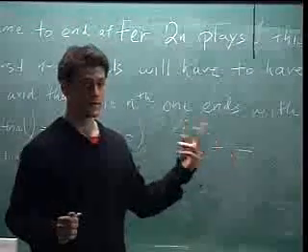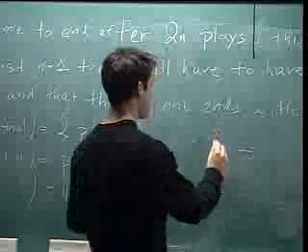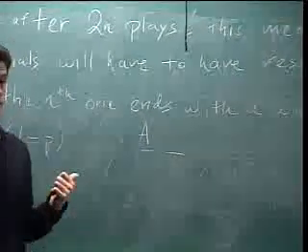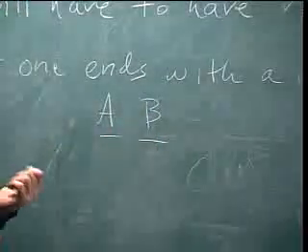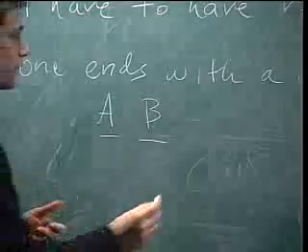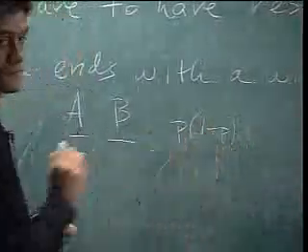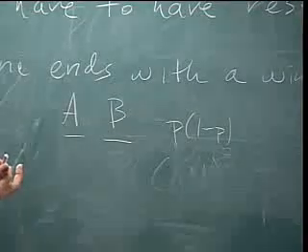We have 2 games in one trial, right? It's a series of 2. And how do you get a draw? You get a draw if, this is game 1, player A wins game 1 and player B wins game 2. And that happens with probability P times 1 minus P. But you can also draw if the reverse happens.